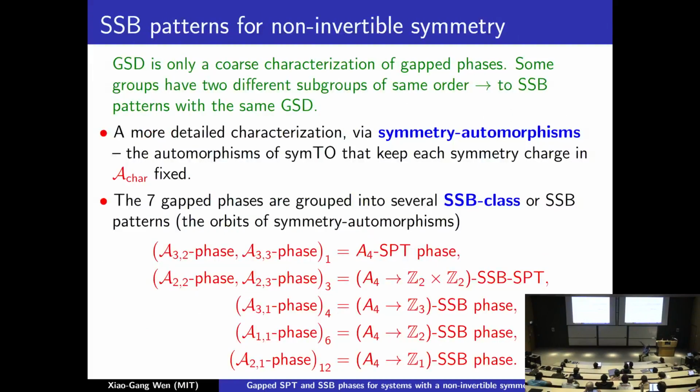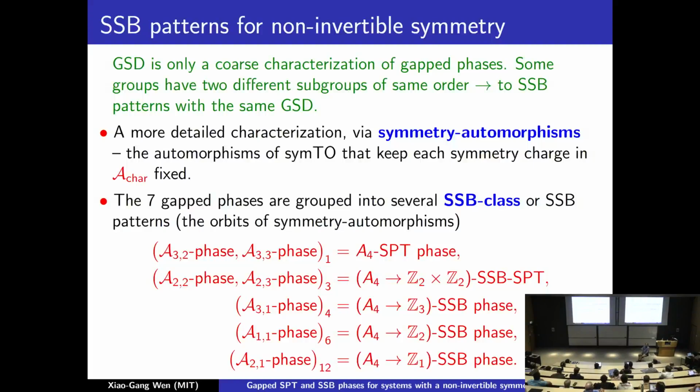However, using ground state degeneracy is not the best way to describe a gapped phase, because many times two different symmetry breaking patterns produce the same ground state degeneracy. So the symmetry breaking pattern seems a better way to describe it. But how do you define the symmetry breaking pattern in general using the holographic picture? Here we use the automorphism.